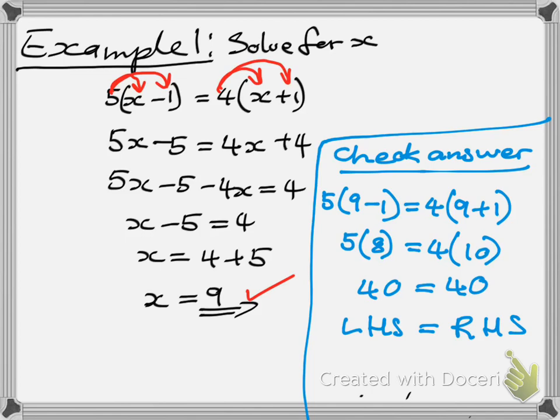Example 1: you are given 5(x - 1) = 4(x + 1). Let's see how it goes.